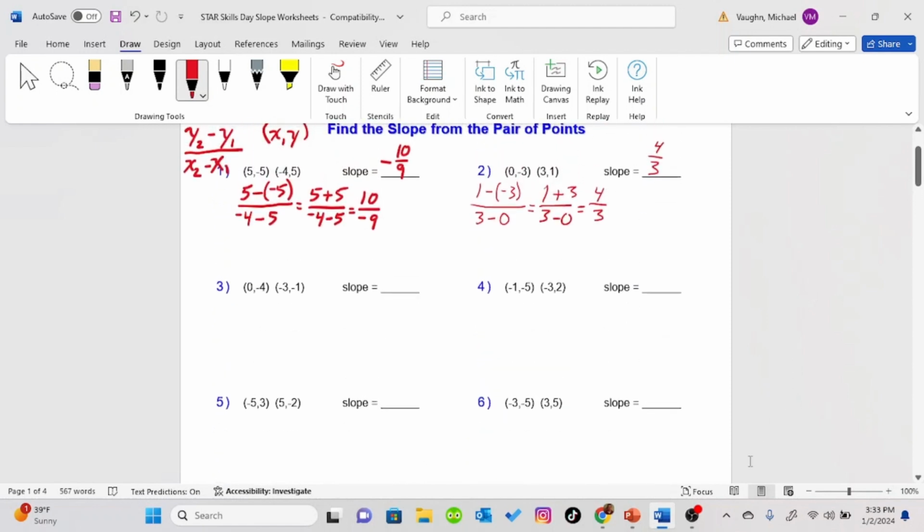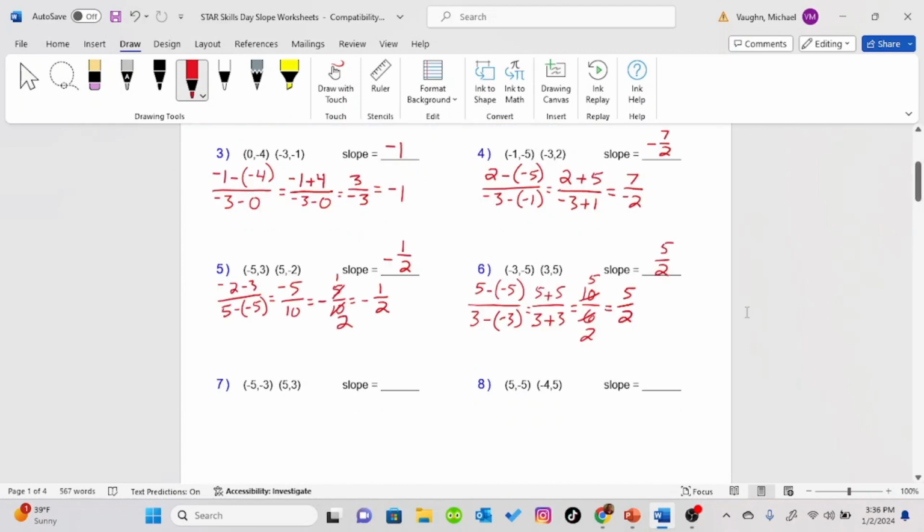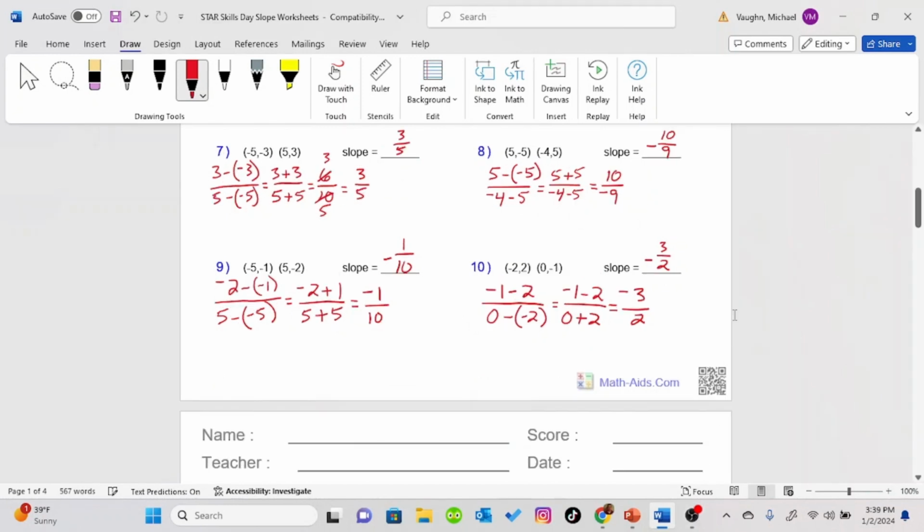methods. On number 3, we can see that our slope is negative 1. On number 4, we can see that our slope is negative 7/2. On number 5, we can see that our slope is negative 1/2. Number 6, we can see that our slope is 5/2.